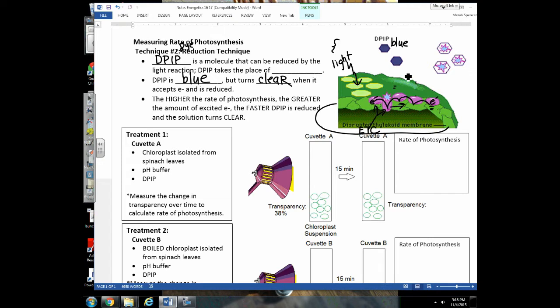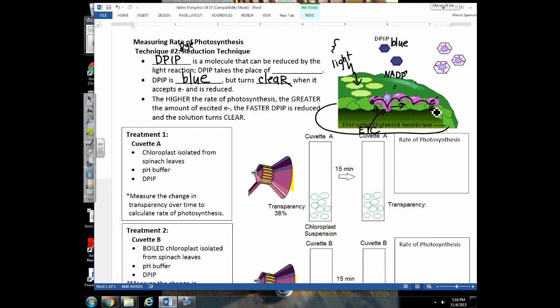That is where the molecule NADP+ gets involved. It's a final electron acceptor. When it accepts that electron, it's reduced and forms NADPH, which is then going to go to the Calvin cycle.